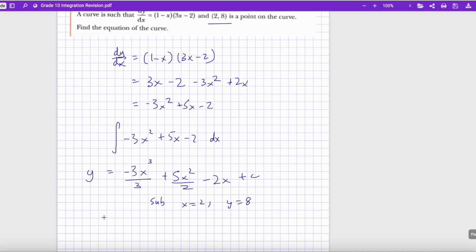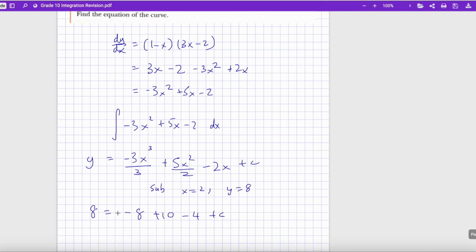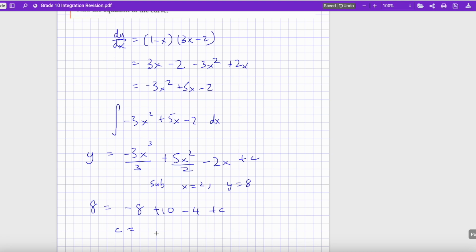So let's put it in. 8 equals, this is minus 8. Let me work that out. 4, 20, 20 plus 10, minus 4 plus c. So let's work out the c value. 16, 6, 10.